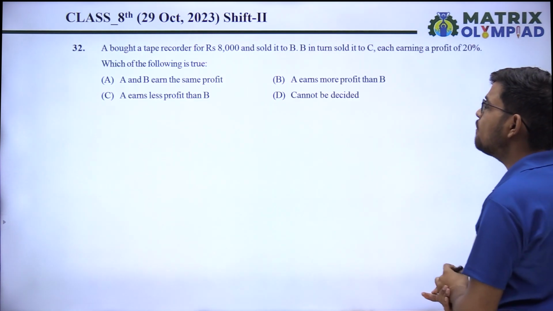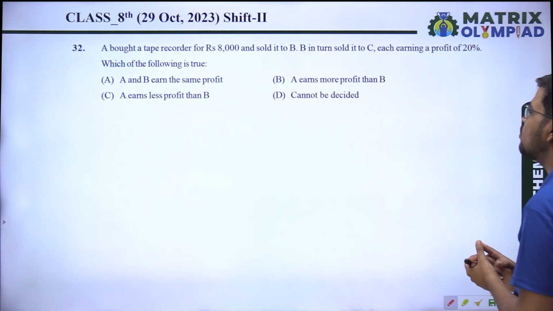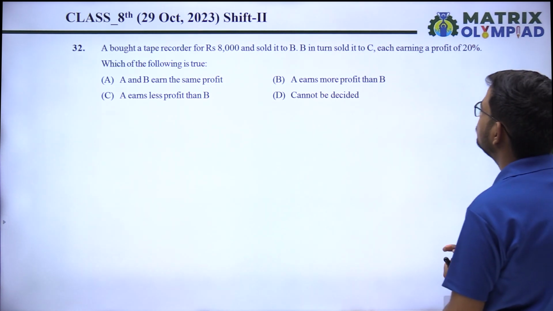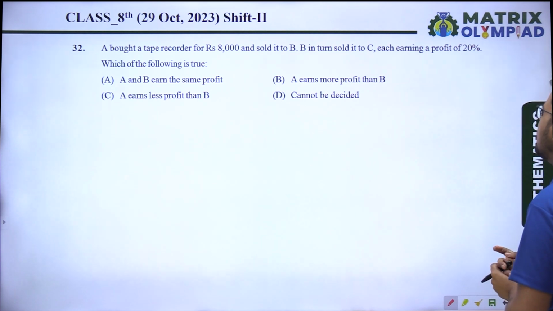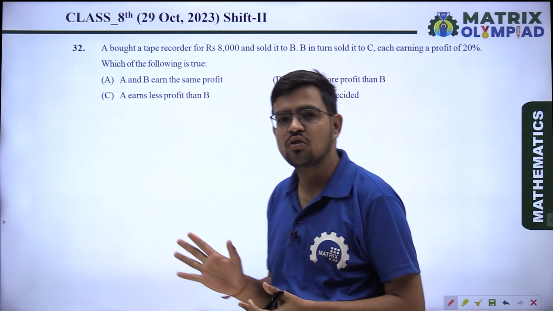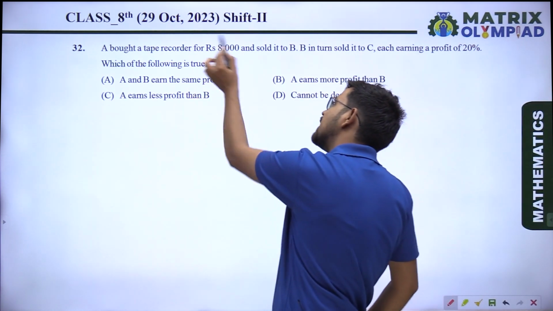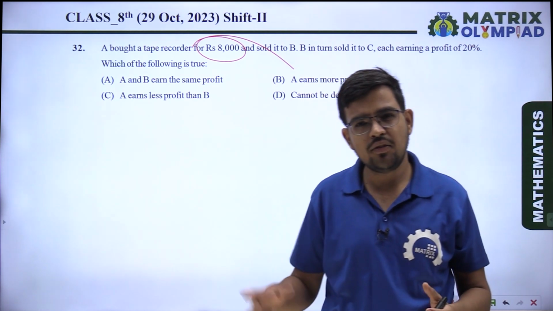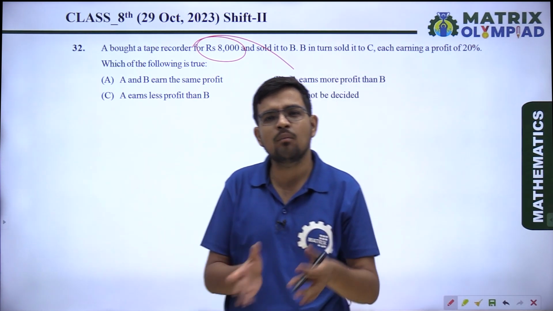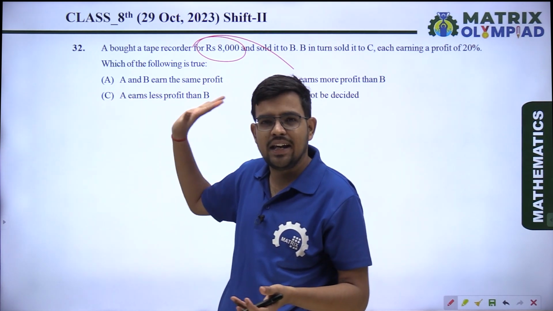Next question, A bought a tape recorder for rupees 8,000 and sold it to B. B in turn sold it to C. One of them is earning a profit of 20%. Which of the following is true? Just assume here, the price is given and we just have to check who is earning more profit. There is no need to take the price for A and all.